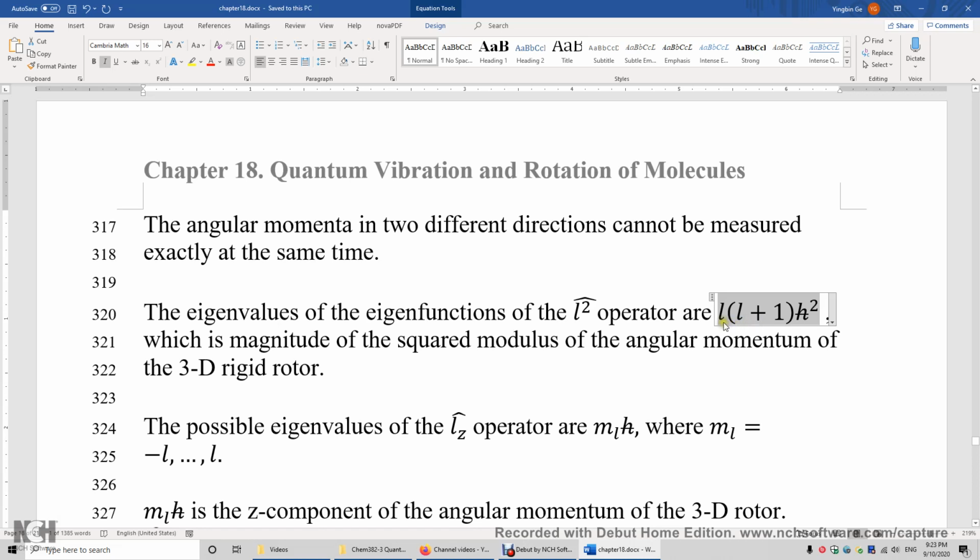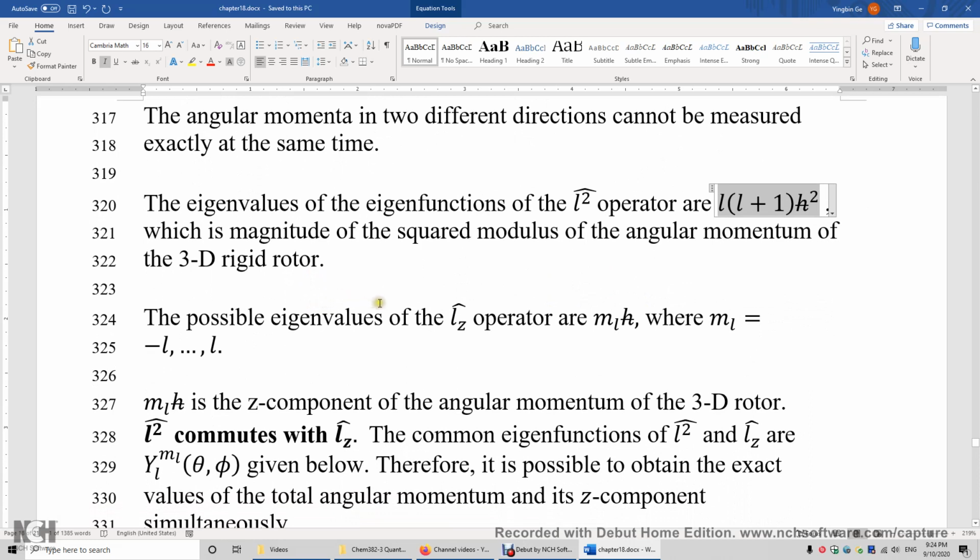So the magnitude of the three-dimensional angular momentum is the square root of L times L plus 1, and then times h bar. So basically the square root of this is the magnitude of the three-dimensional angular momentum vector.